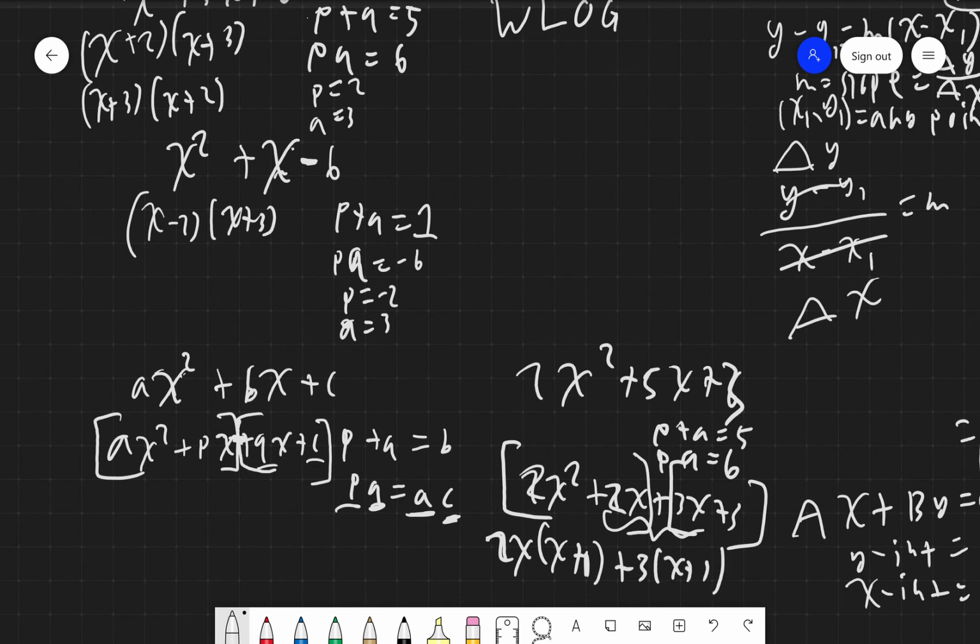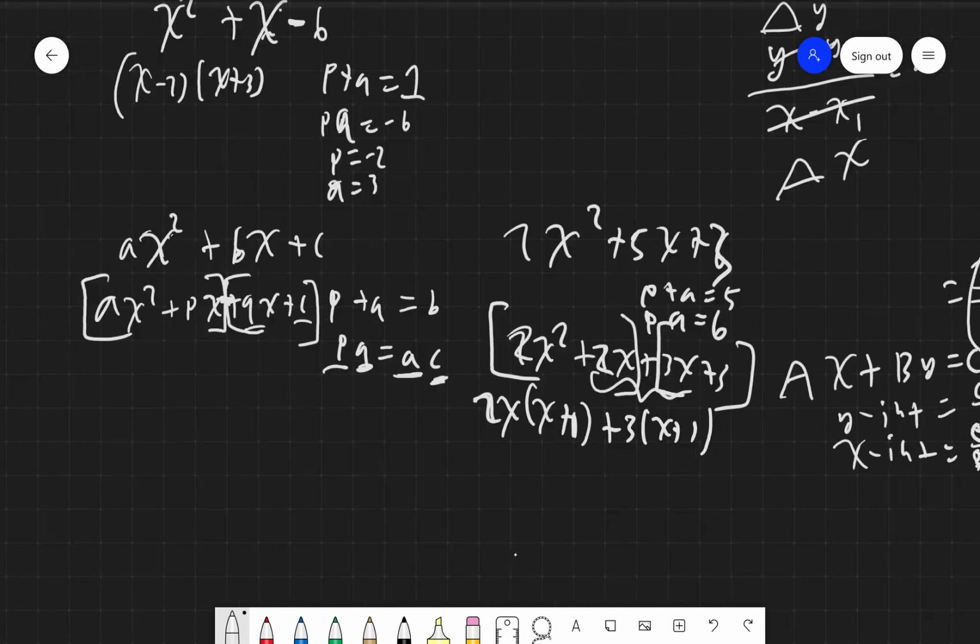And surprise, surprise, this will always work out: both of these factorizations will have a common factor again. In this case, our common factor is x plus 1, so we can factor out x plus 1.